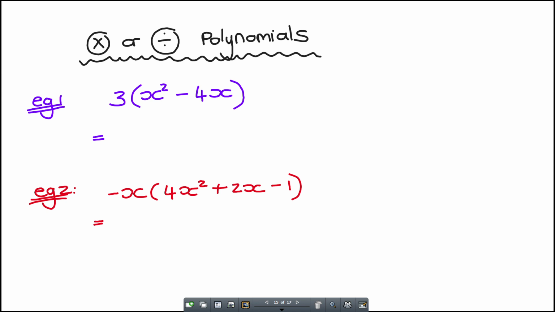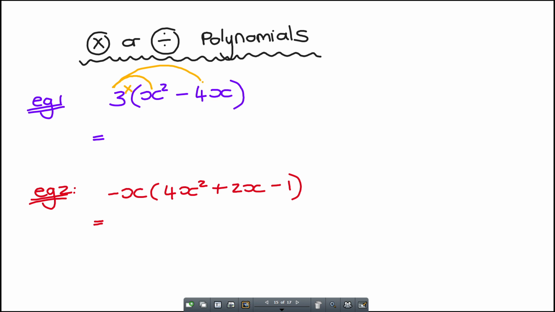If I give you the following, it actually says 3 times the bracket. Okay, meaning that 3 must be multiplied with every single thing inside the bracket. Doesn't matter whether there's 1 term or 10 terms. No? Okay, so the 3 must be multiplied with the x squared, and it must also be multiplied with a minus 4x.